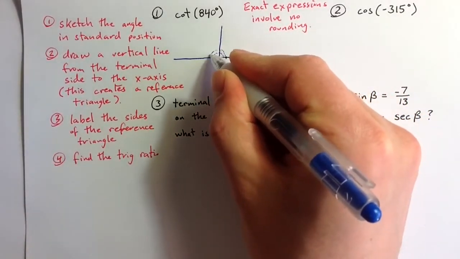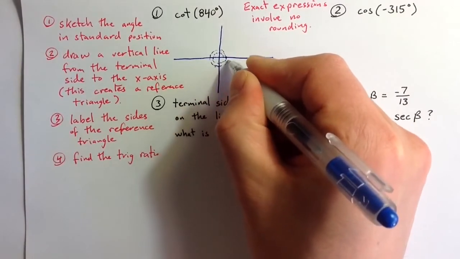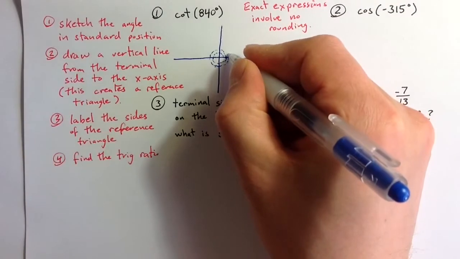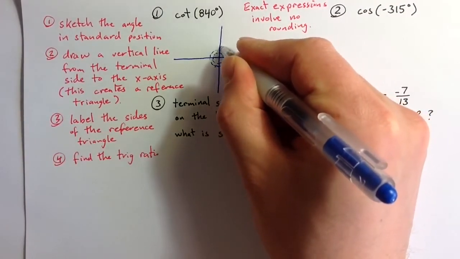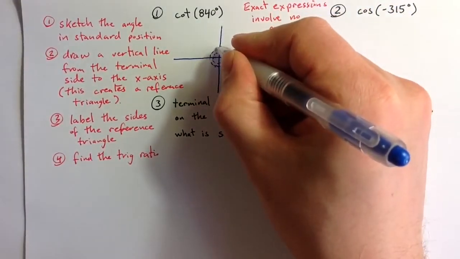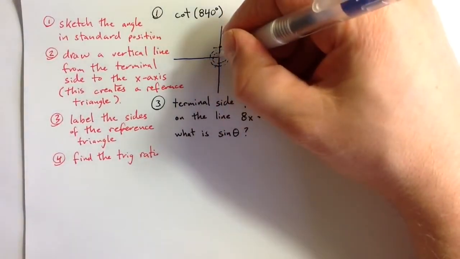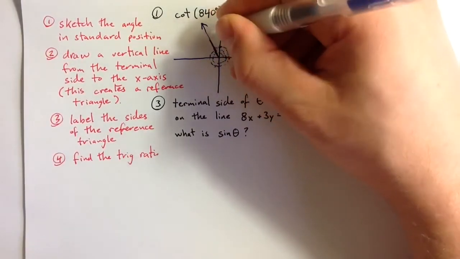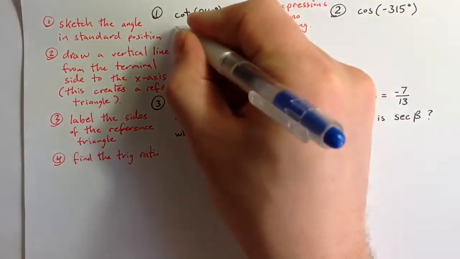Another full rotation is 720. And so if I go 90 more, that takes me to 810 degrees, and so I need to go a tiny bit farther to get to 840. So we end up with a terminal side that's in the second quadrant.